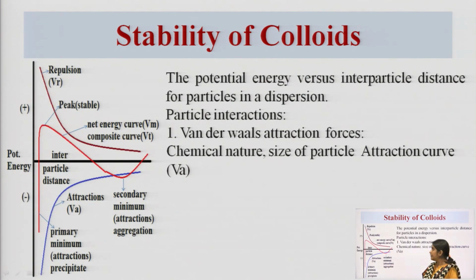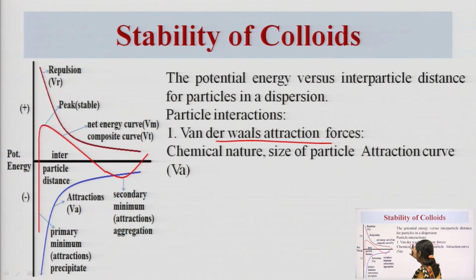When we study this DLVO theory, the potential energy curve versus the interparticle distance for particles in a dispersion is discussed. Mainly two forces are involved: one is your attraction force and one is your repulsion force.